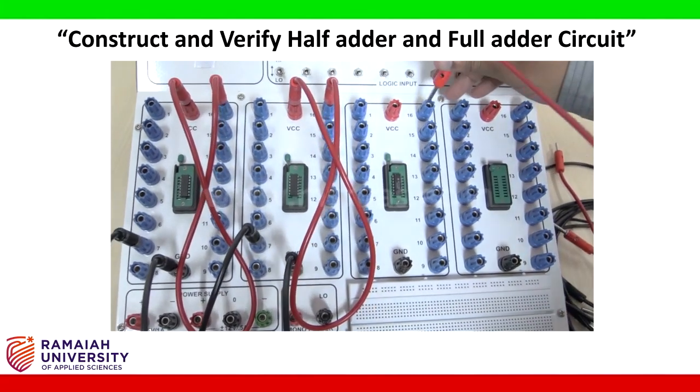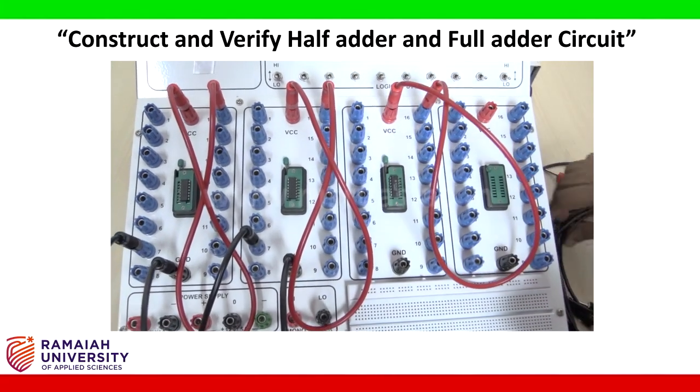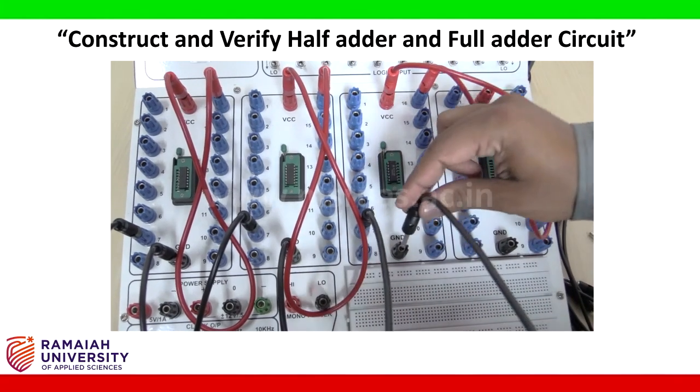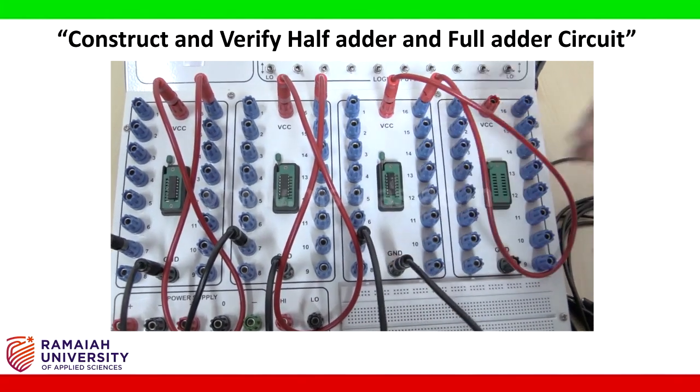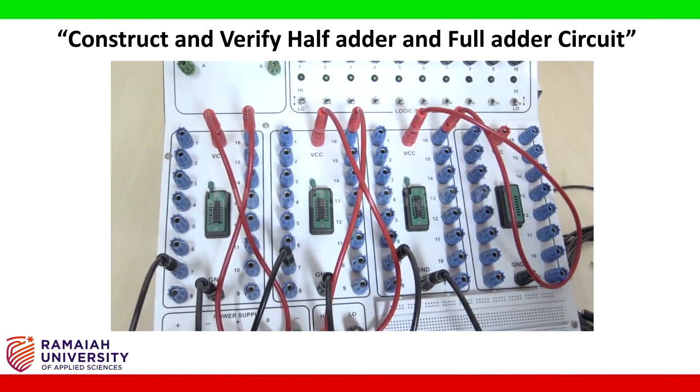Similarly, for the third IC base, pin number 14 is VCC and pin number 7 is ground. So now as per the pin diagram, let us start connecting the XOR gate first.